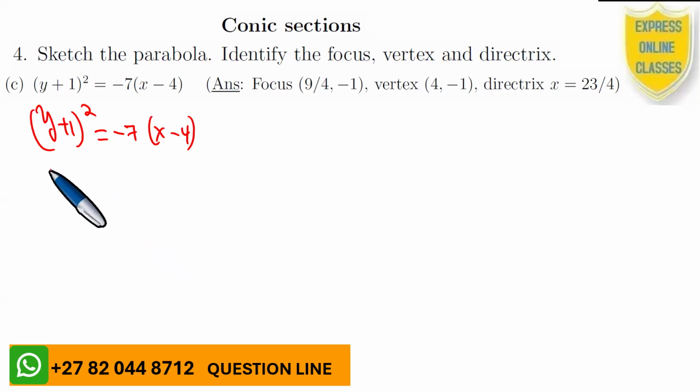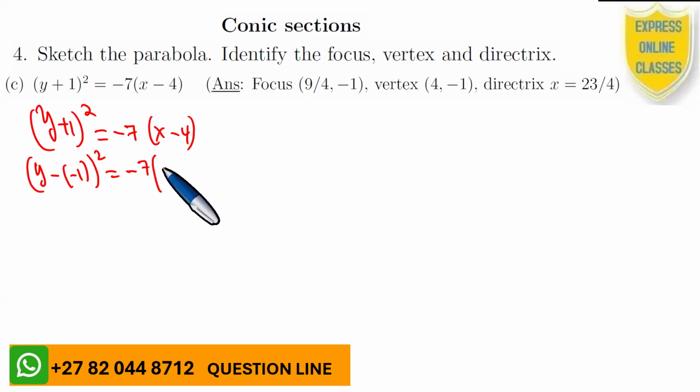Right, so now we would have this one, which is the same as y minus 1. You square this. And this is therefore minus 7.